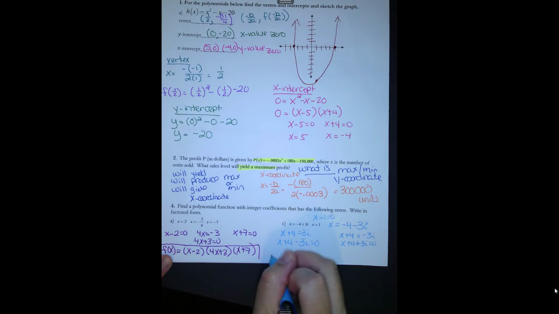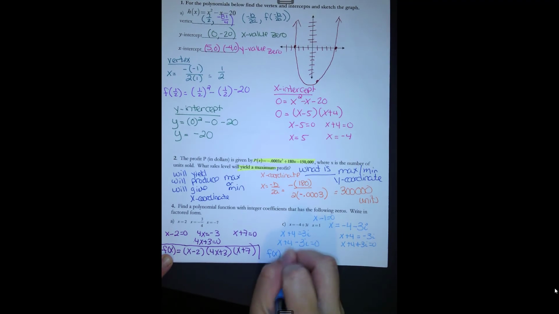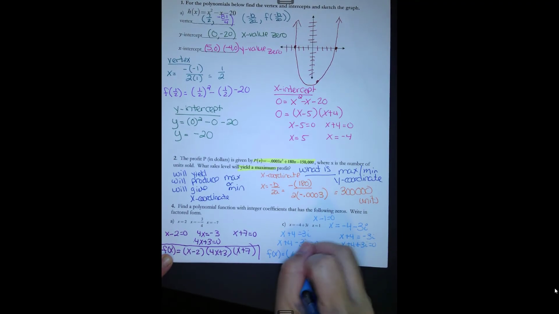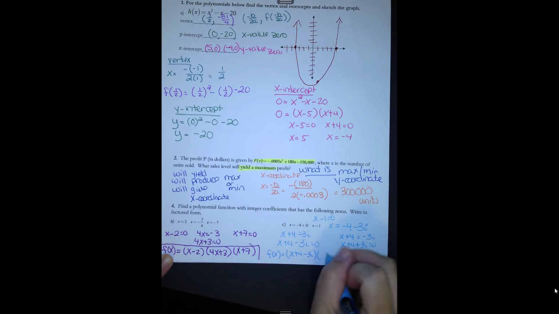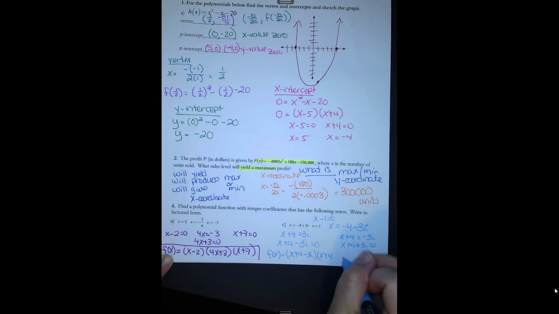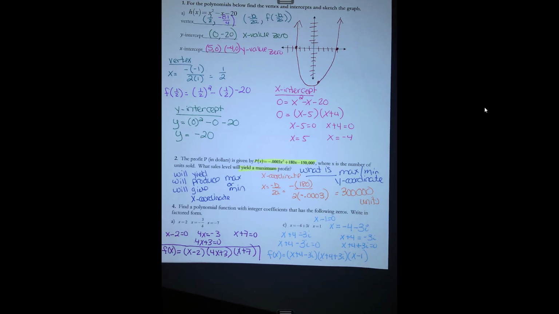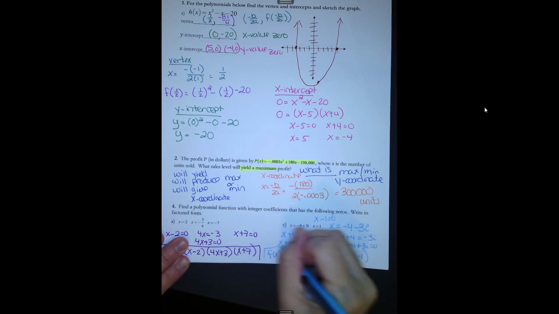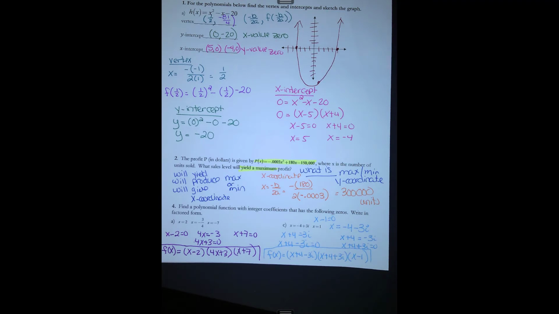So our function, we're going to start f of x equals x plus 4 minus 3i, x plus 4 plus 3i, and then finally x minus 1. So far, so good with our polynomials.